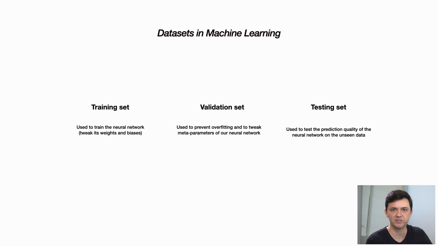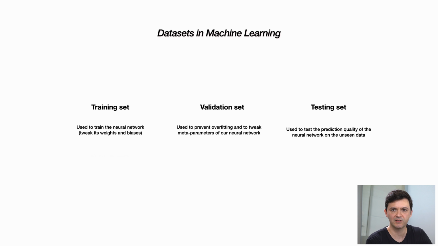But the longer we train, the training set accuracy will get better and the validation set accuracy will not. And this is the indicator that the network is starting to overfit on the training set. It starts to memorize unimportant features of the training set, and these are the features that do not generalize well to our problem. And the second role of the validation set is to tweak the meta parameters of our neural network or test different models to improve the prediction quality.